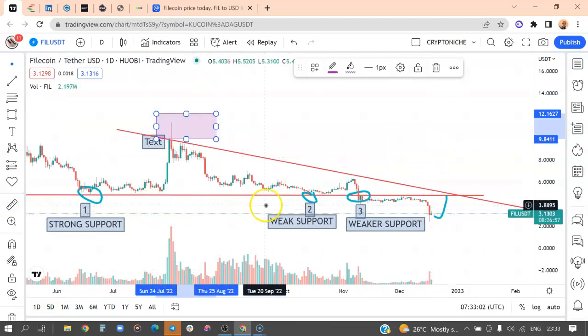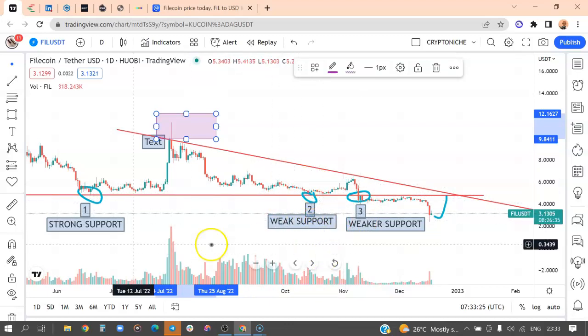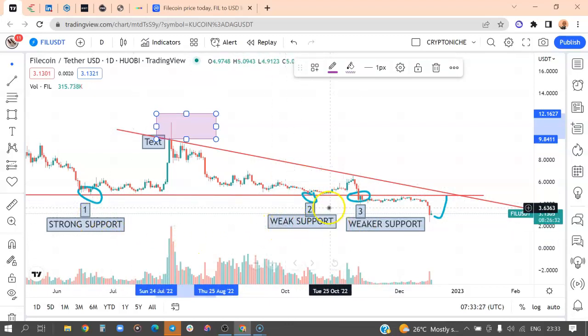If you look at the major supports in recent times on the daily time frame on Filecoin, you're going to see a pattern. It was a strong support when it was tested here, but the support became weaker when it was tested again at this point, and at this point it became a weaker support.